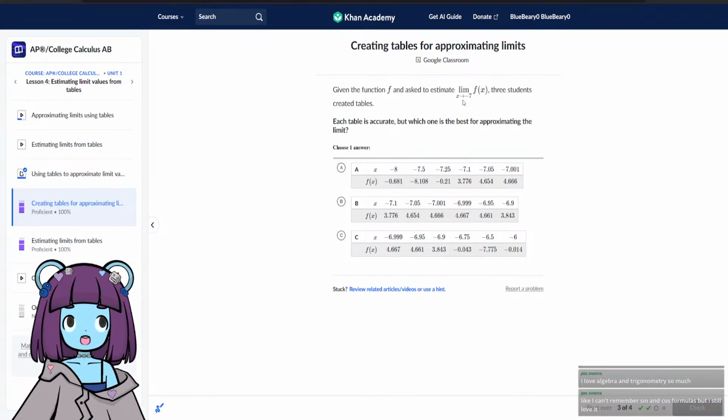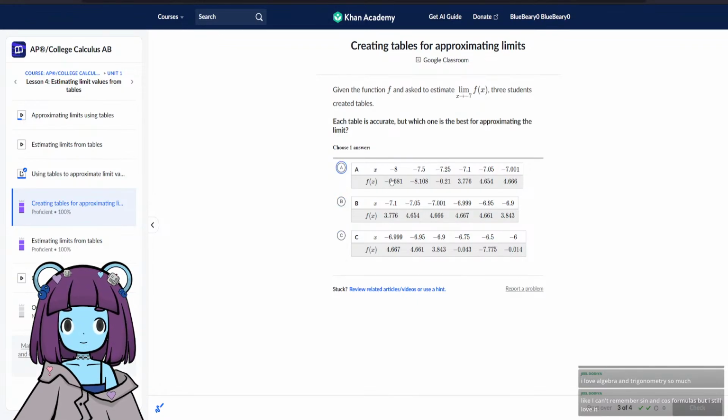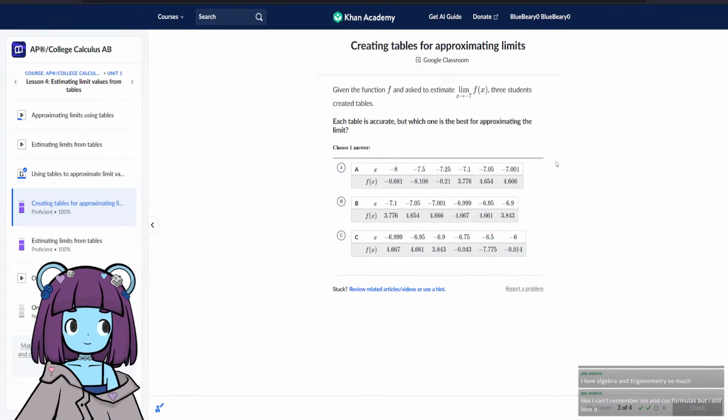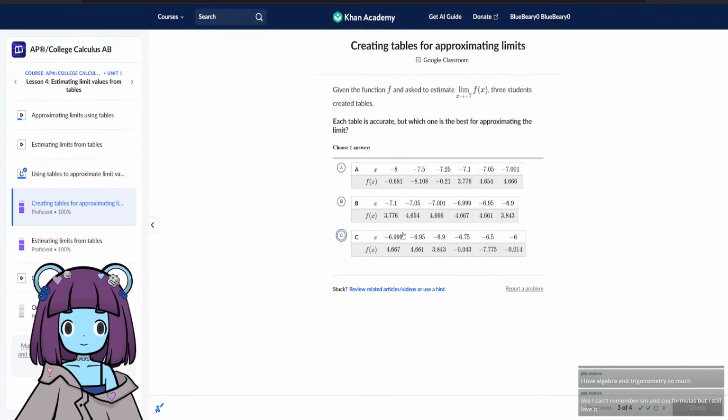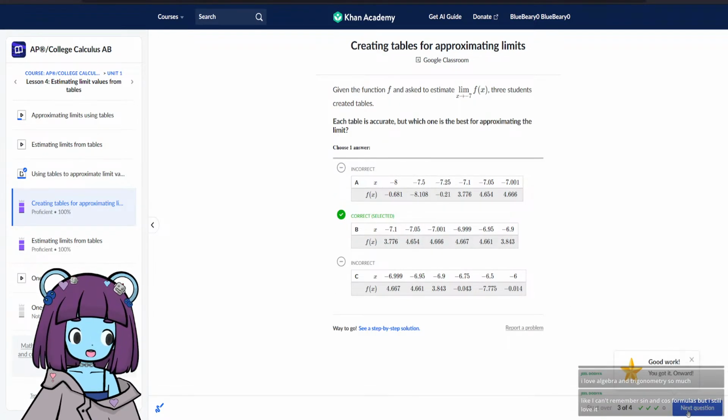So for -7, we find one that's in between. So this one, -7 should be here, so it only approaches it from one side. -7 is here, so that's good so far. And -7 is over here, so it also approaches it only on one side. I would say this one, and the increments of this one are pretty good. We'll check. Yeah!